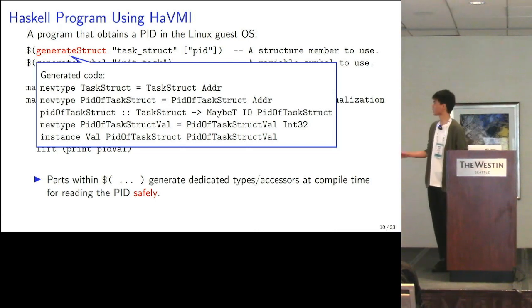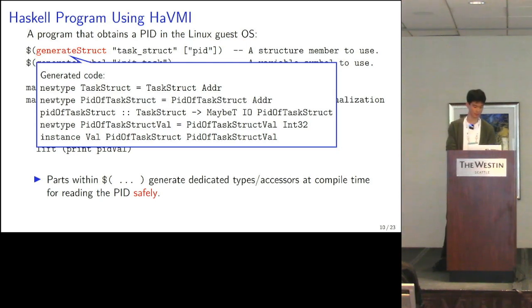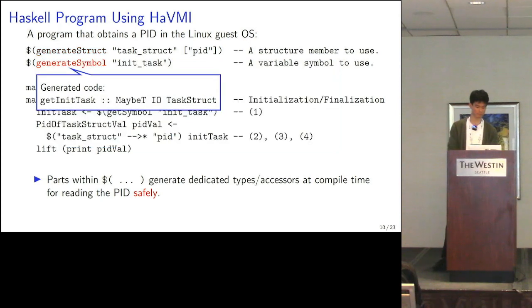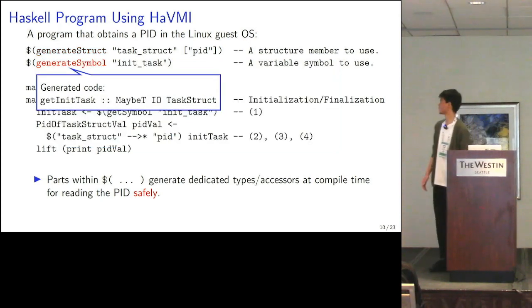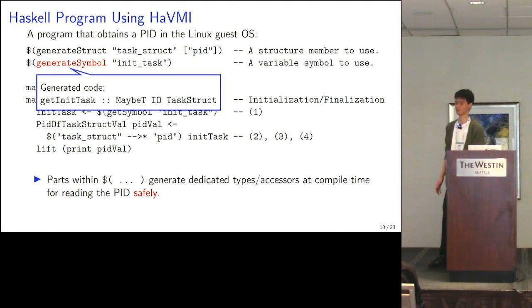This blue rectangle shows the code generated by the generate struct meta function. Also, the generate symbol meta function takes the symbol name and generates the corresponding accessors for the variable init task, in this case, get init task.